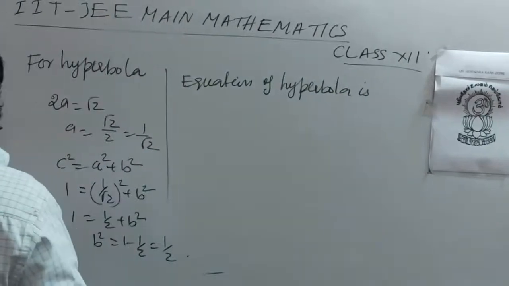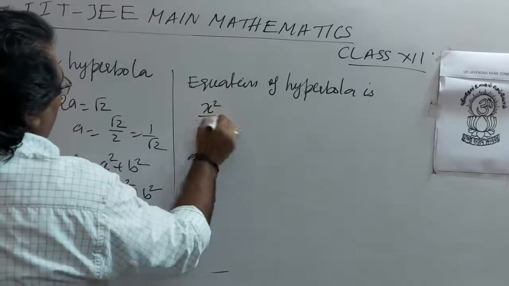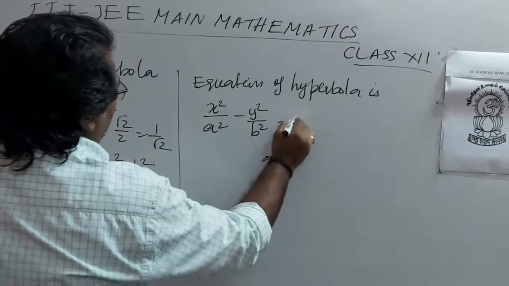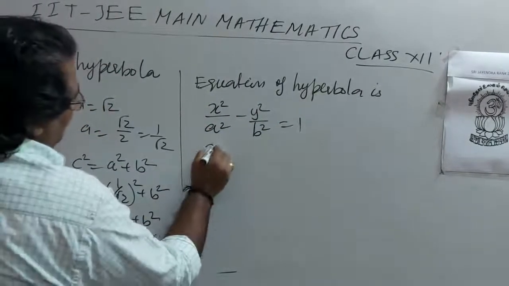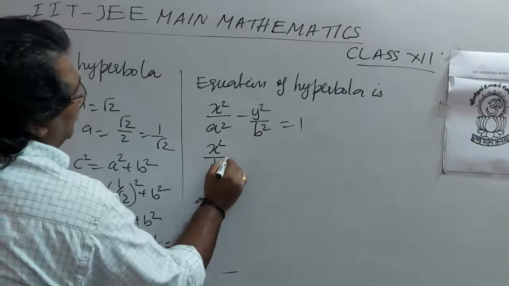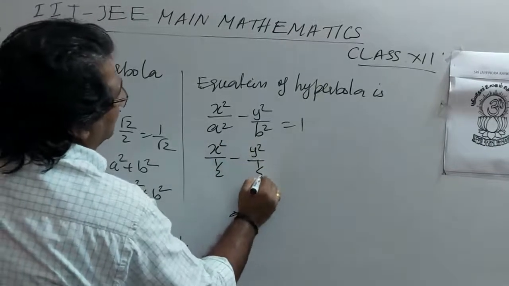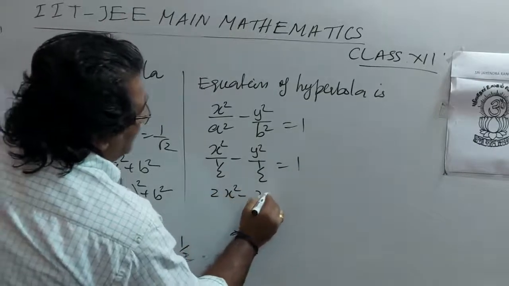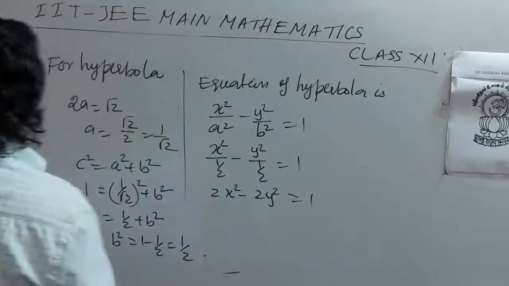Equation of hyperbola is x square by a squared minus y square by b squared equal to 1. X square by 1 by 2 minus y squared by also 1 by 2 equal to 1. 2x square minus 2y squared equal to 1.